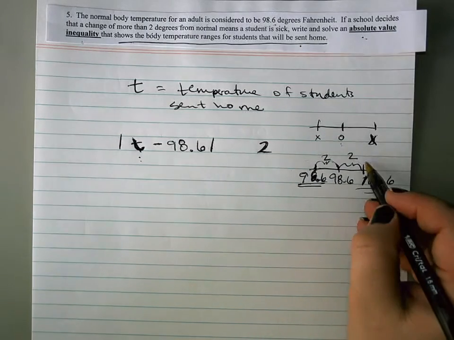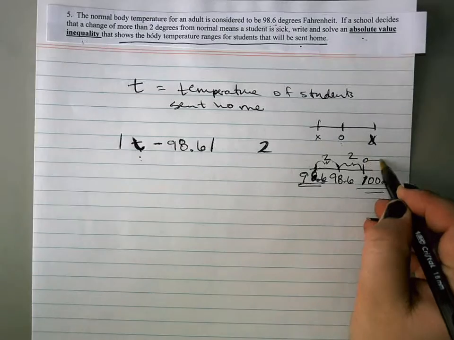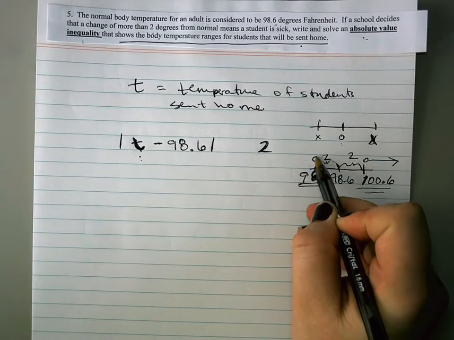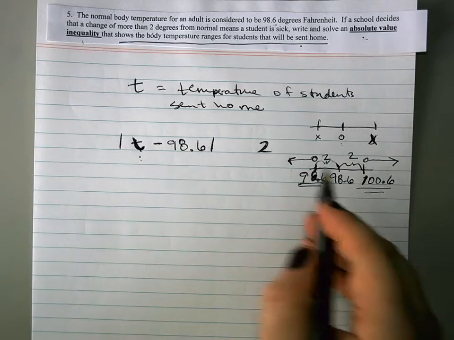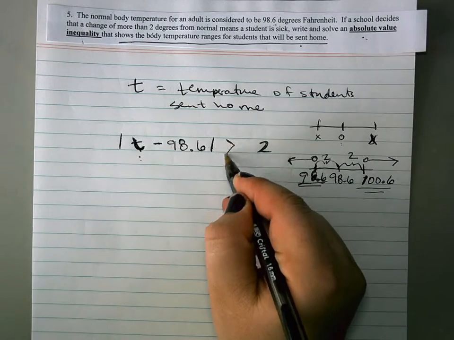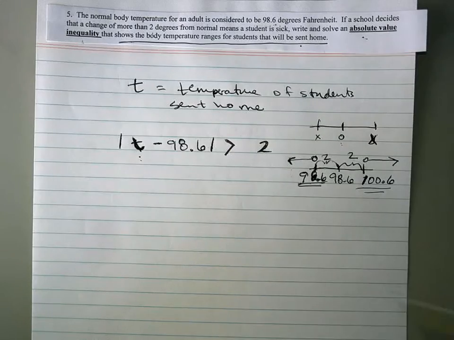It's going to have a distance of more than 2 from 98.6. That means that if we take the difference of any temperature of the student and that difference has an absolute value that's greater than 2, then that student will be sent home. Their temperature is either too high or too low to stay at school.